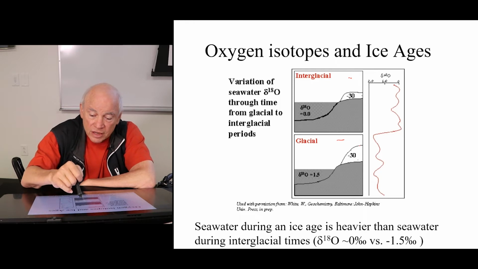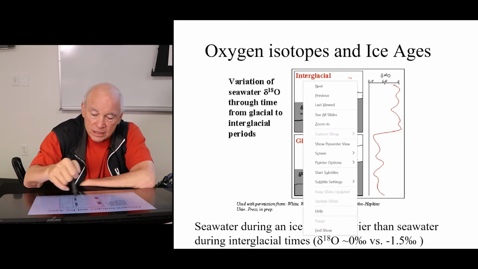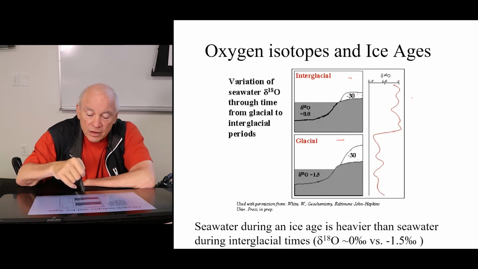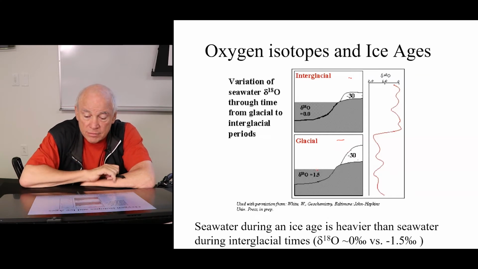And when you have an interglacial, you have much less ice. What that means is that because this water ultimately comes from the ocean, if we put a lot of light oxygen on the continent in ice, the ocean will become heavier.